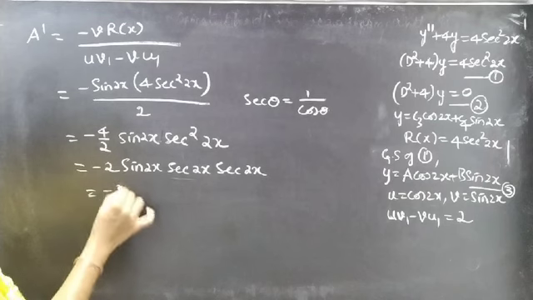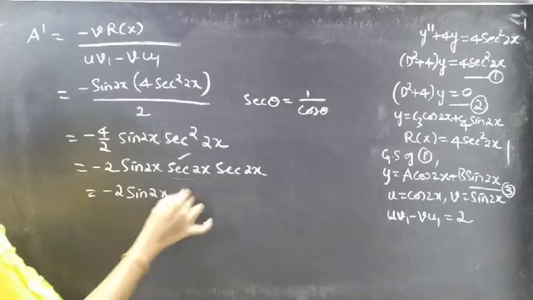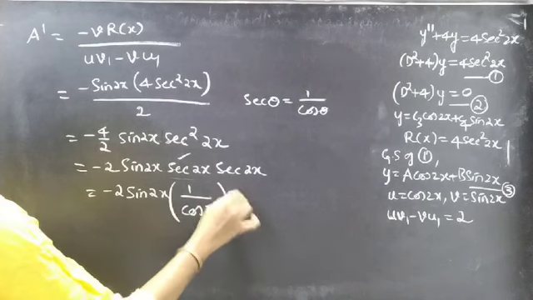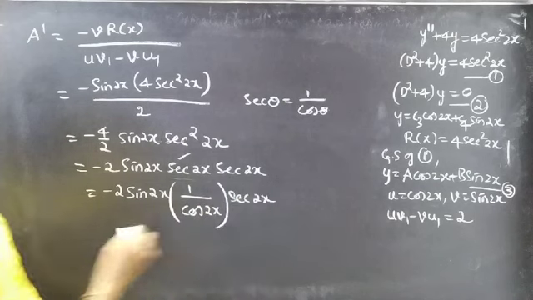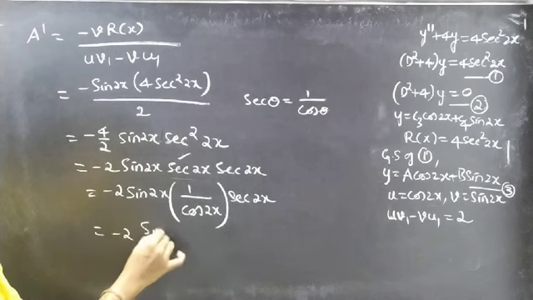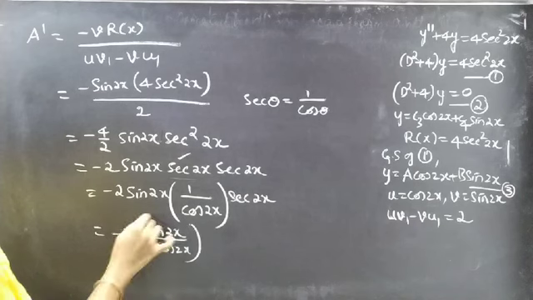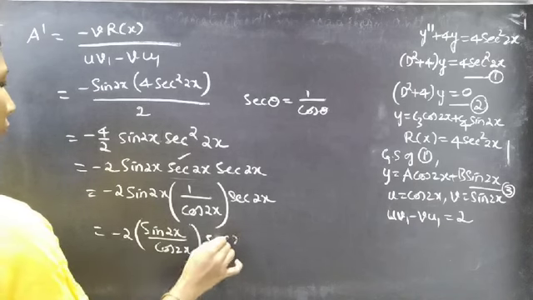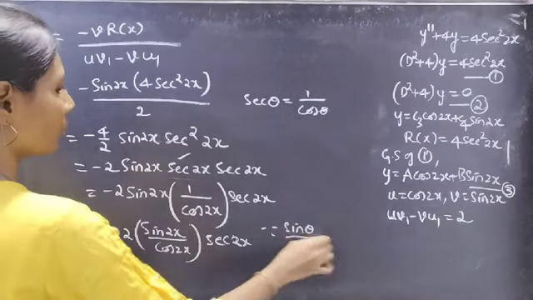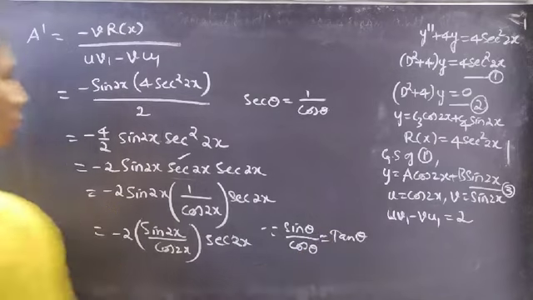This equals minus 2 sin 2x into 1 by cos 2x, which is sin 2x by cos 2x, which is tan 2x, since sin theta by cos theta equals tan theta.